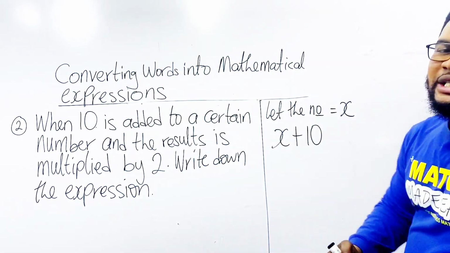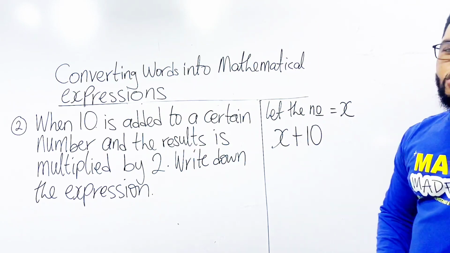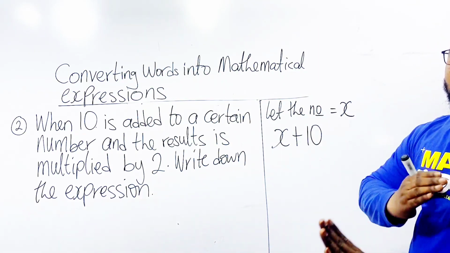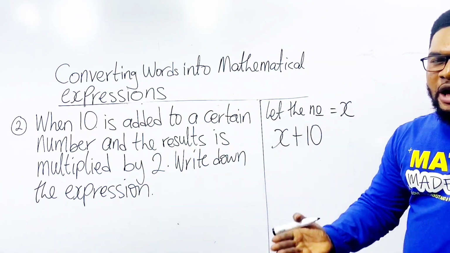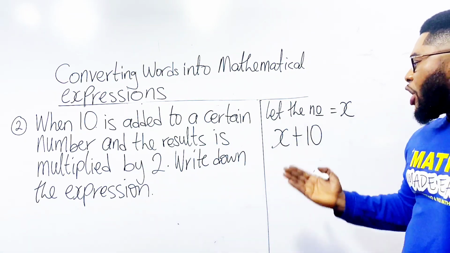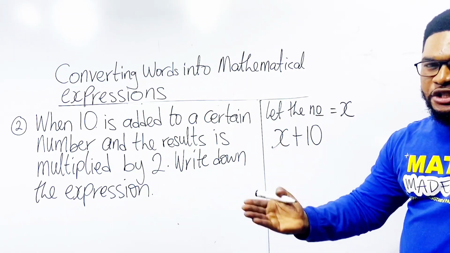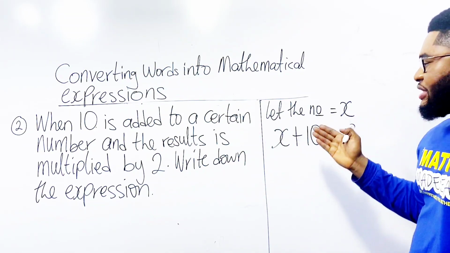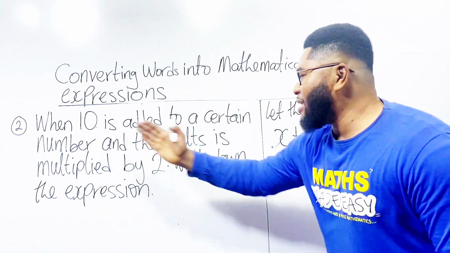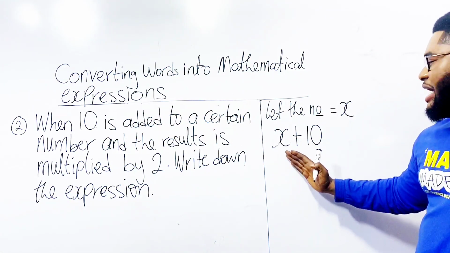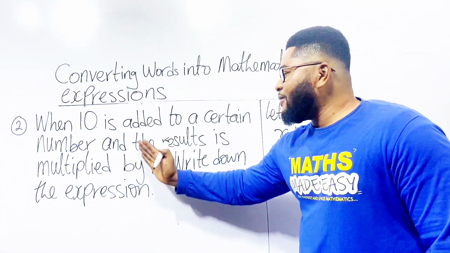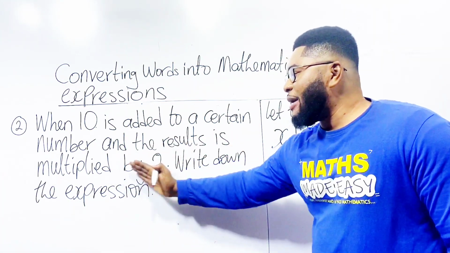You can also say 10 plus x, which is also accepted, since with addition we can interchange the position of the numbers. It will still give you the same value. This is what we call the commutative property of addition and multiplication, but this time around it is addition. Let's continue. So when 10 is added to a certain number, we will get the expression as 10 plus x or x plus 10. Now it goes on to say, and the result is multiplied by 2.